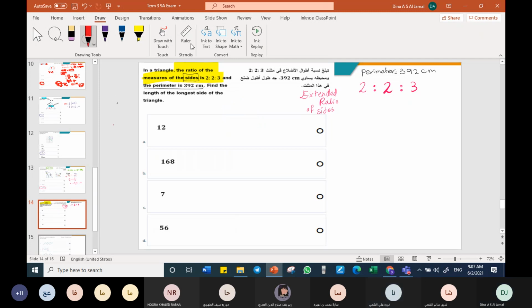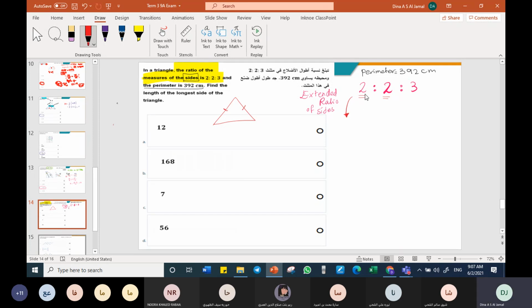I just know one thing. Isosceles. Excellent. How did you know? Two numbers the same and one different. So we will have a look that I'm having two of them to be the same. This will be getting me an idea that it is isosceles. Since it is extended ratio, what will be the other step?